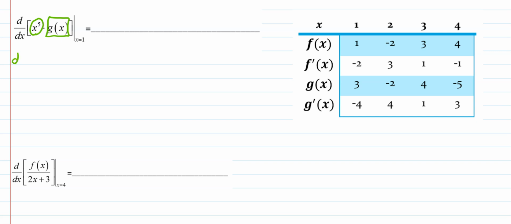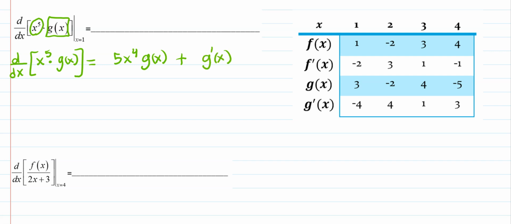So the derivative of the product x to the 5th multiplied by g of x, applying the product rule, will be the derivative of x to the 5th, which is 5x to the 4th, multiplied by g of x as is, plus the derivative of g of x multiplied by x to the 5th as is, right?